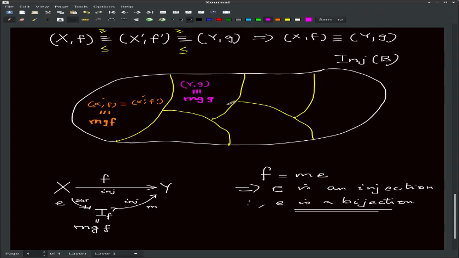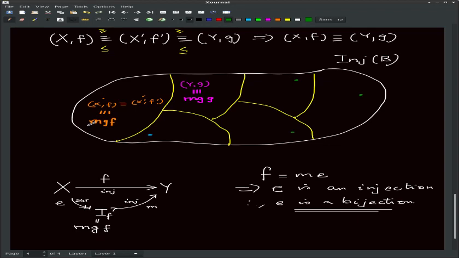So in each one of these equivalence classes, there are very special representatives. Each one has a very special representative which is explicitly a subset.